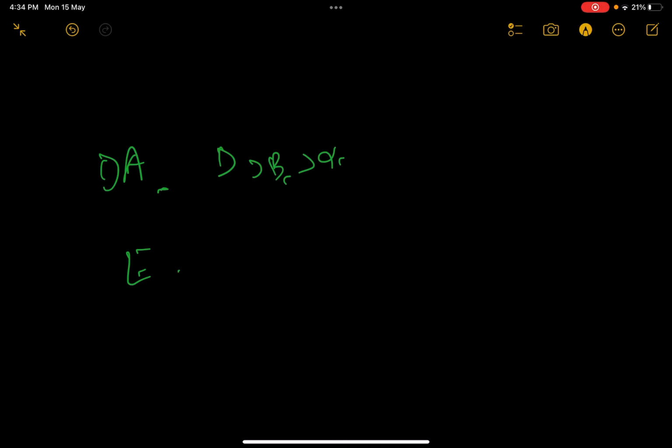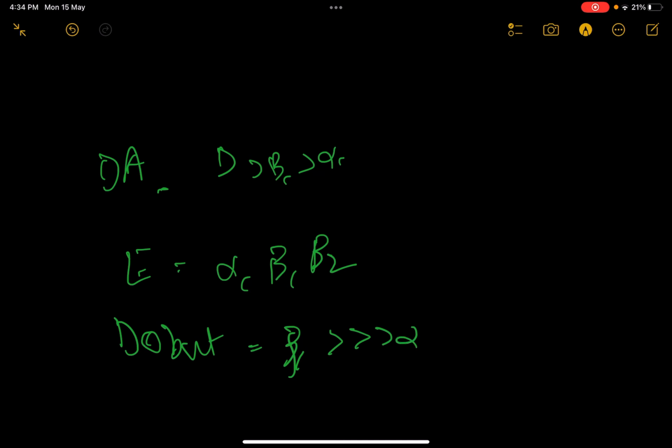Epinephrine has alpha 1, beta 1, beta 2. Dobutamine has beta 1 greater than alpha 1, which might be equal to beta 2. So when you talk about dobutamine, you want to think only of beta 1, because alpha 1 and beta 2 might just cancel out each other when it comes to the blood vessels.